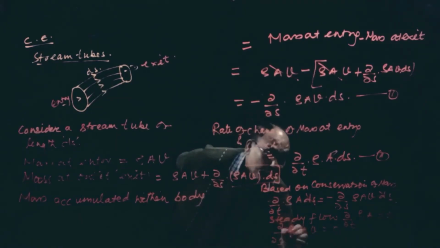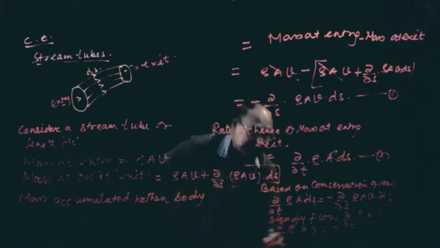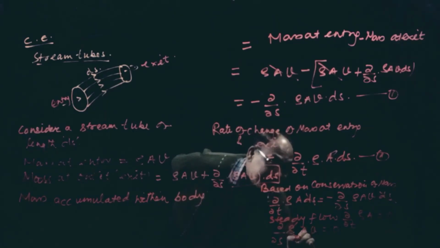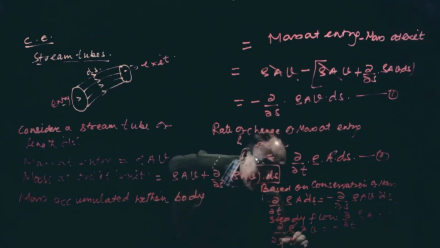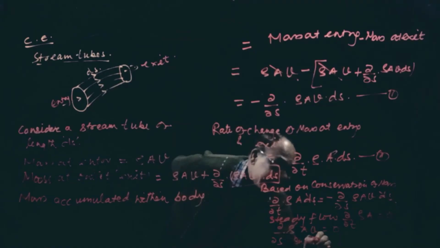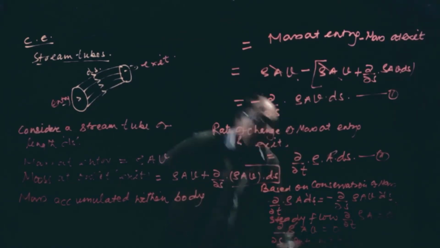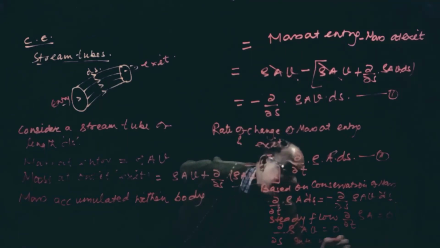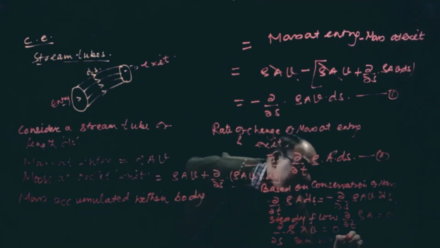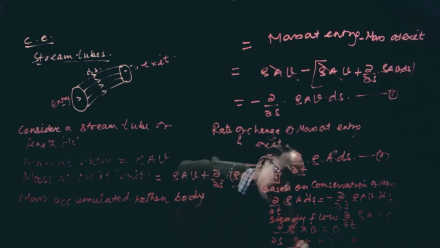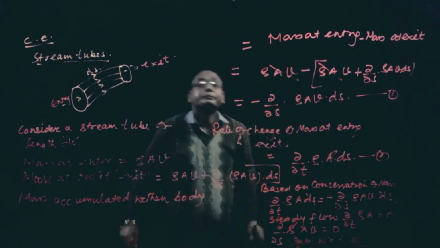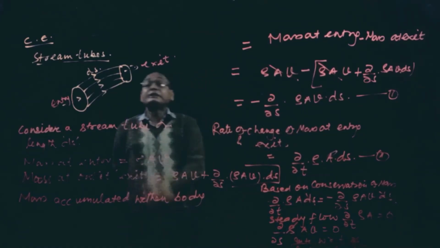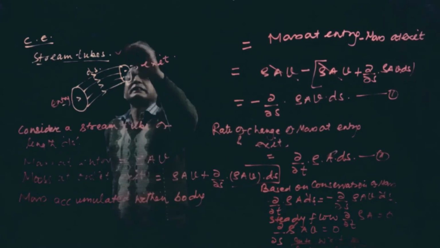It is for incompressible fluid, so rho can be cancelled out. Integrating with respect to ds between limits 1 to 2, this will give us a1 v1 is equal to a2 v2. This is the continuity equation for one dimensional flow, remember, based on a stream tube.